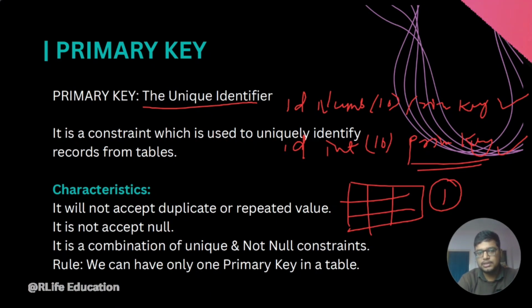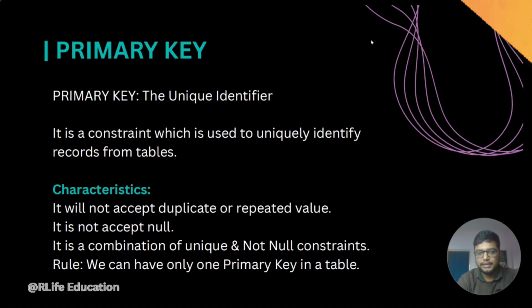I suggest you read the characteristics and what a primary key is. You will get a better idea in our hands-on part. After this, when I start the statement part in DDL, I'm going to create some tables. In that part, on how to create a table, you will get a better idea about this primary key.